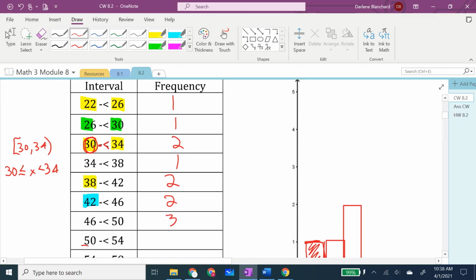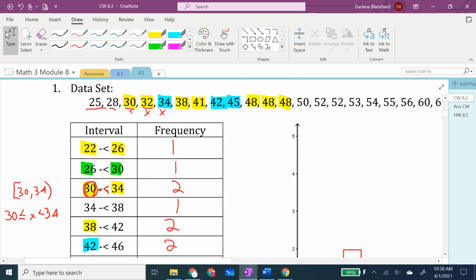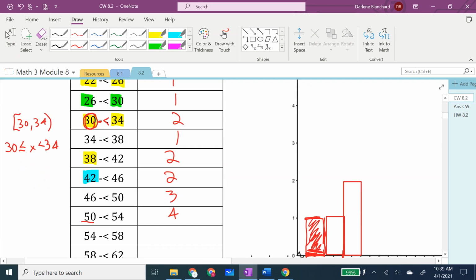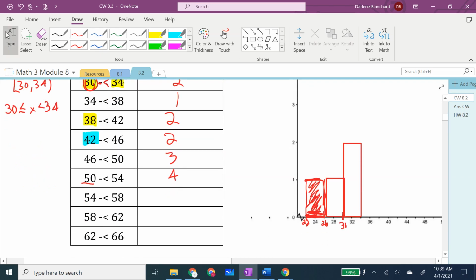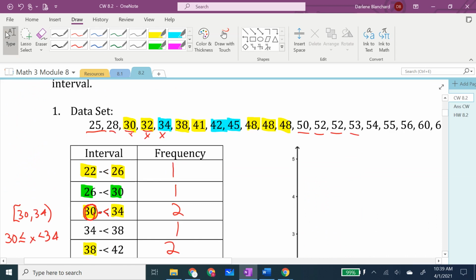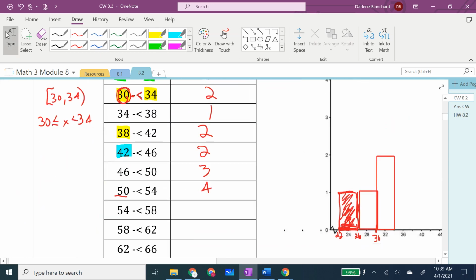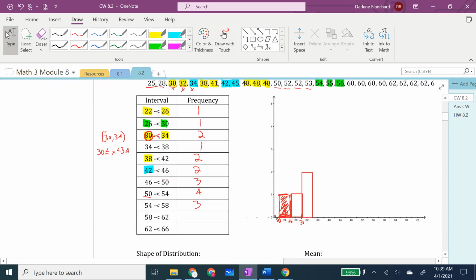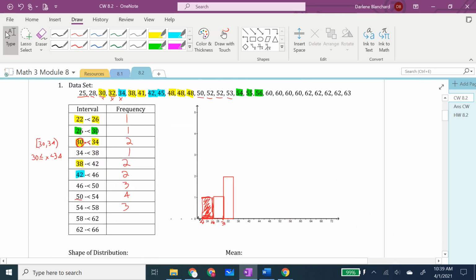And then inclusive of 50 to under 54. 54 to under 58. 3. And you're just continuing to do that and then drawing the graphs.